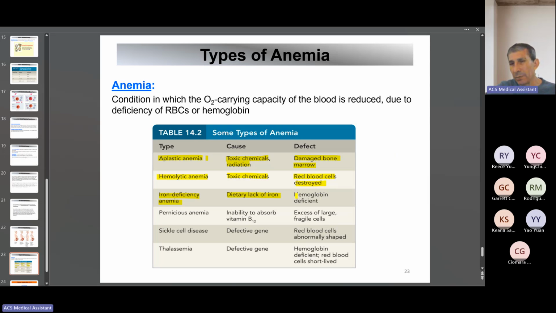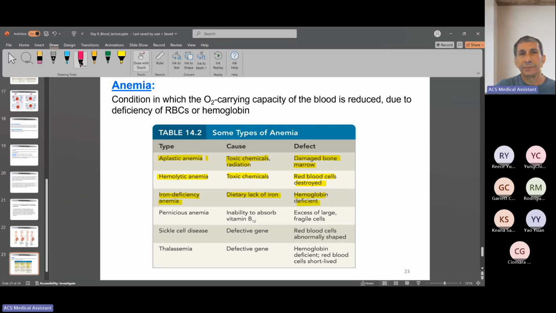It says right here, hemoglobin deficiency. So this is when they check your hemoglobin levels and you see that your hemoglobin levels are low. So what are your hemoglobin levels? Let's talk about them, because then you know when you're anemic and when you're not.